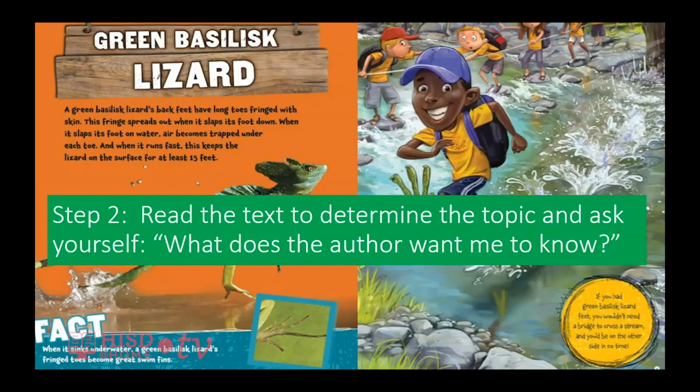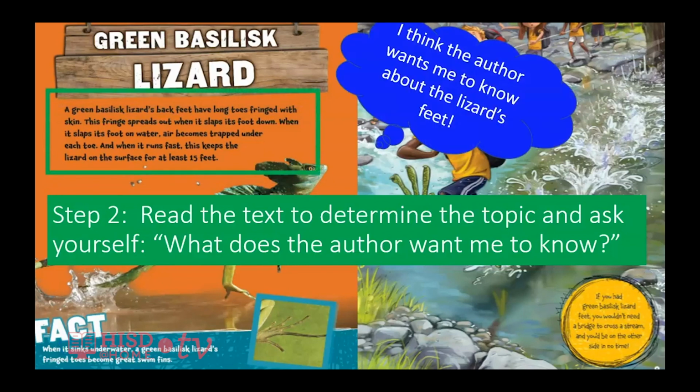When it slaps its foot on water, air becomes trapped under each toe. And when it runs fast, this keeps the lizard on the surface for at least 15 feet. What does the author want me to know? I think the author wants me to know about the lizard's feet.